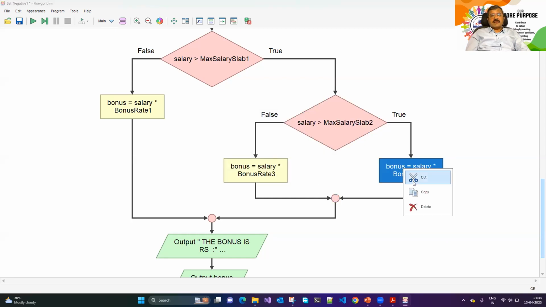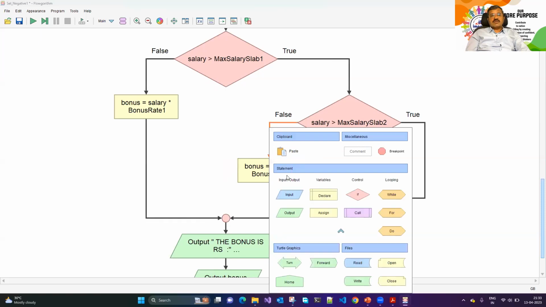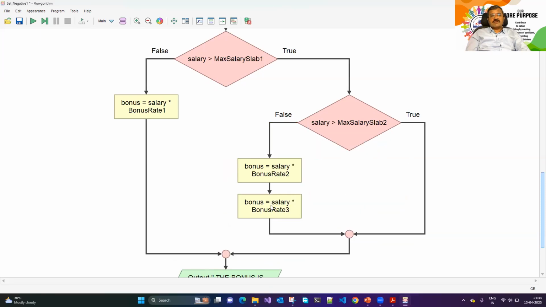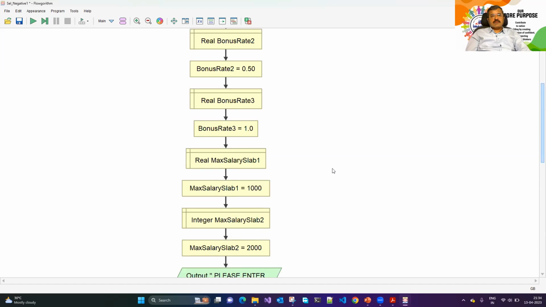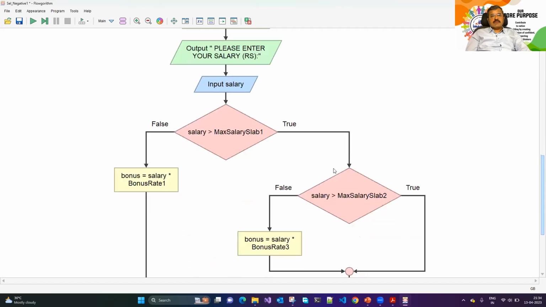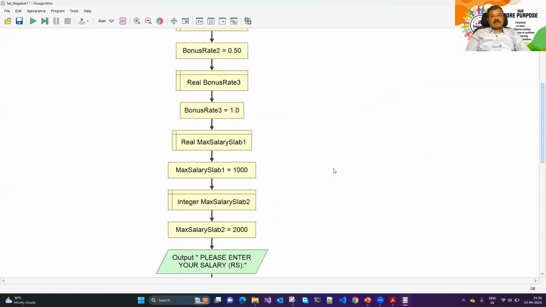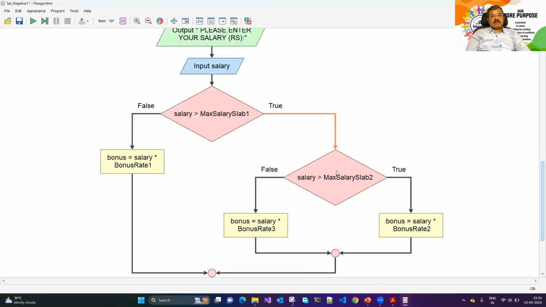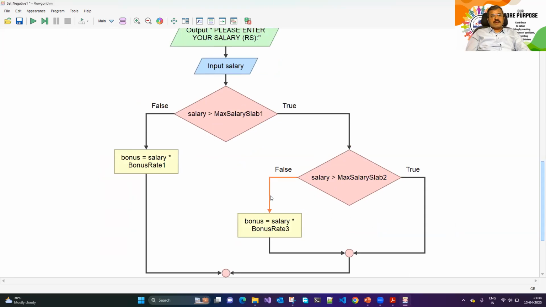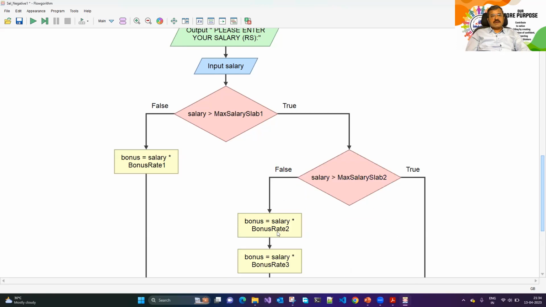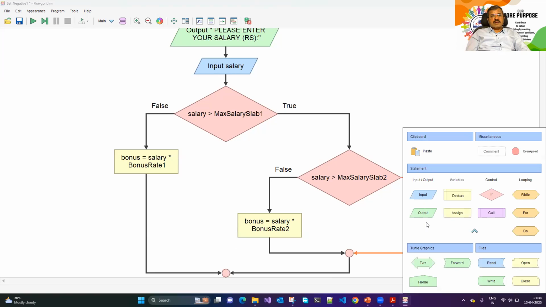And then interchange the true with false. ये जो है एक कट कर लिया, यहाँ पेस्ट कर दिया, ये जो है यहाँ से कट कर दिया, यहाँ पेस्ट कर दिया.